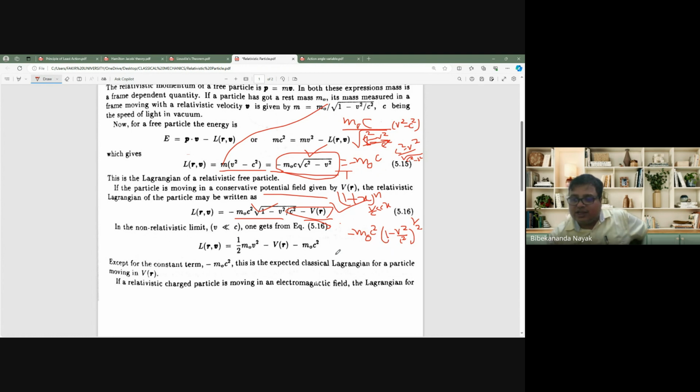Here, expanding and neglecting higher terms, the first term becomes minus m0 c square. We expand only this term, 1 minus this. So here n is half, and x is minus v square by c square. The term will be 1 plus nx, 1 plus half into v square by c square.